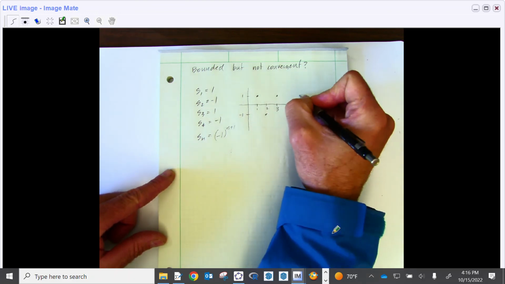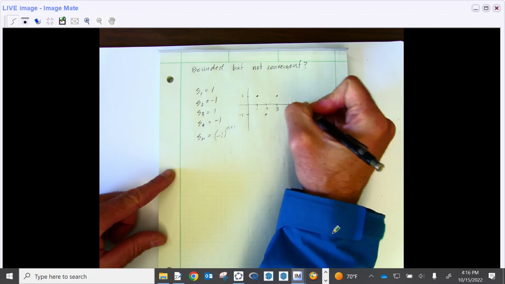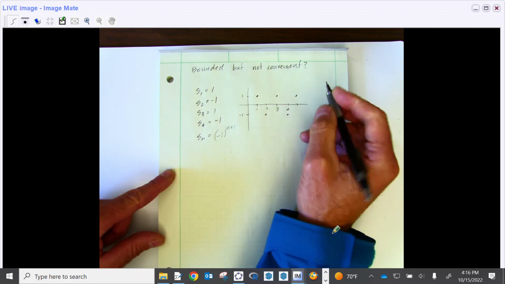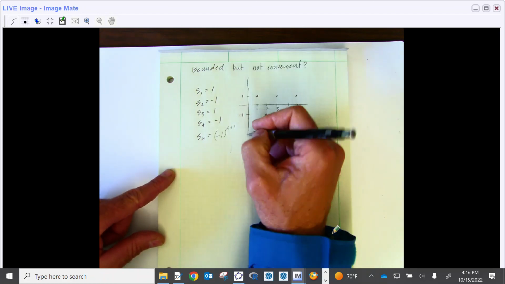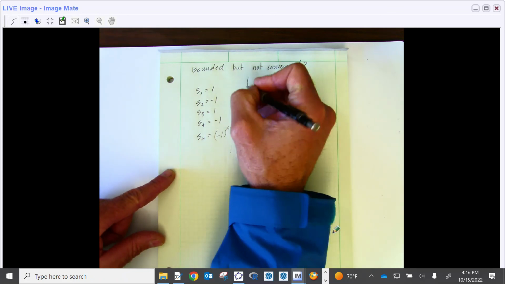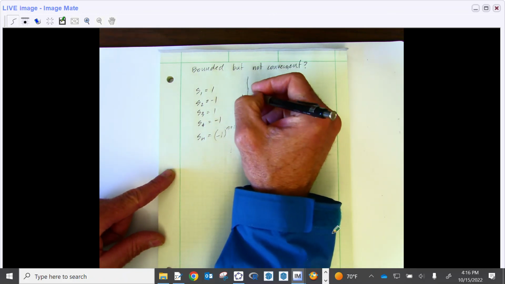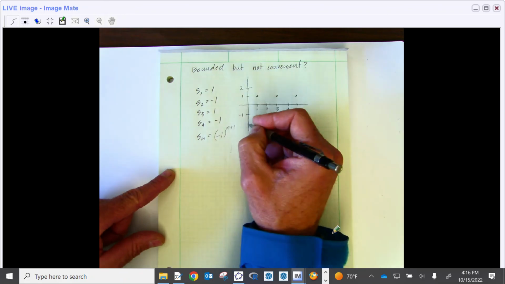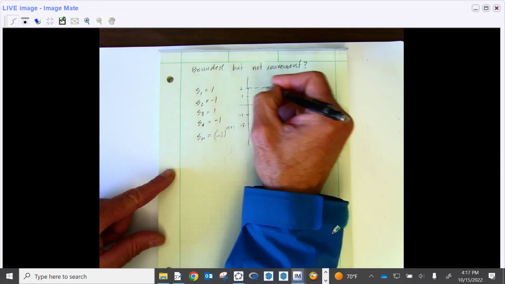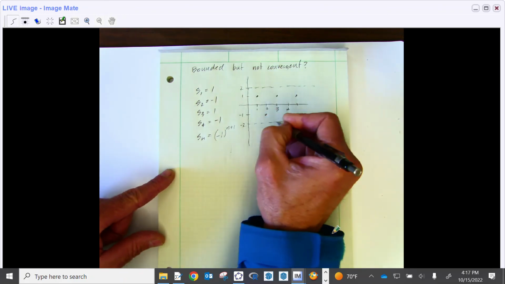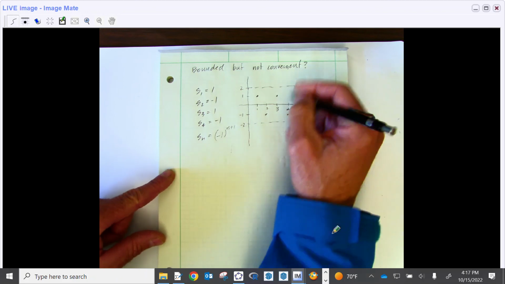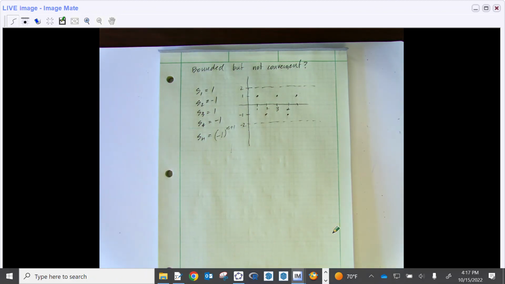Fifth term I'll be at 1. And you get the idea. We can definitely say that this thing is bounded because it's always in between 2 and -2. So it's bounded because it bounces in between those two, but it's definitely not convergent.